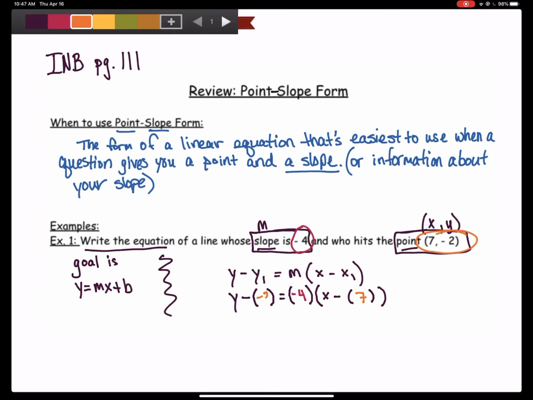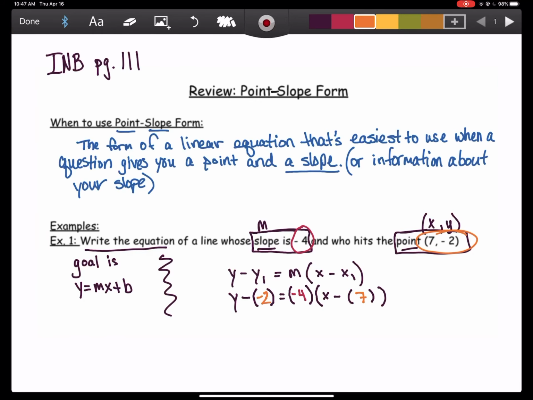I'm going to need to be on my toes for that one, because when I substitute -2, it's y minus -2 right now, and it's going to become y + 2. So I keep working, taking it one step at a time. On the left side of my work, I have y + 2 because of those two signs. On the right side, I'm not ready to do any distributing yet.